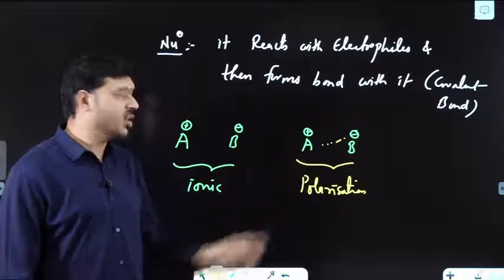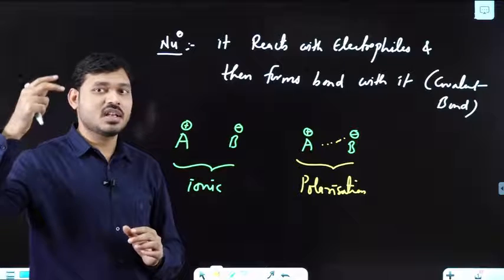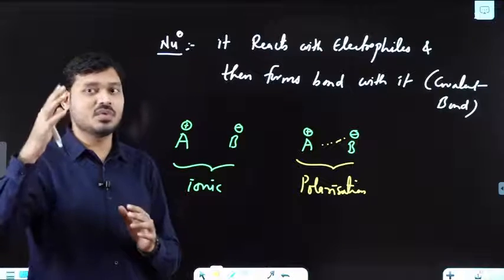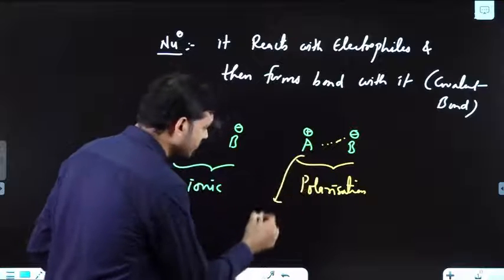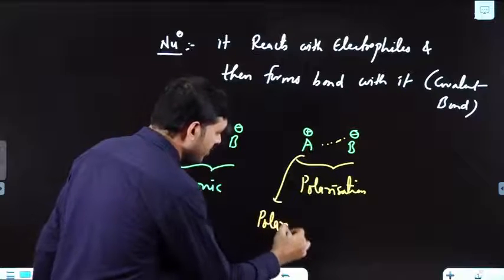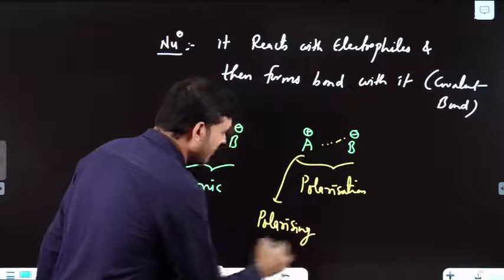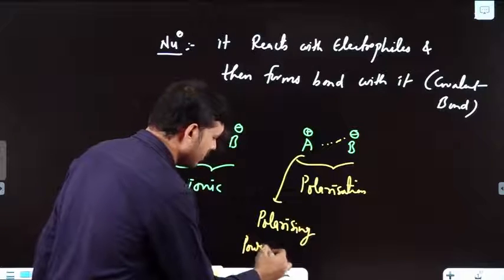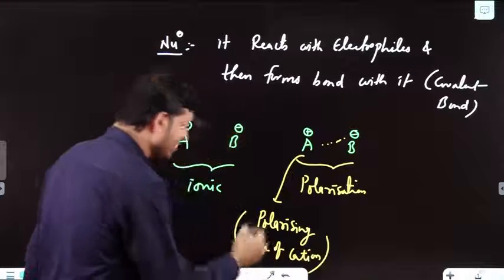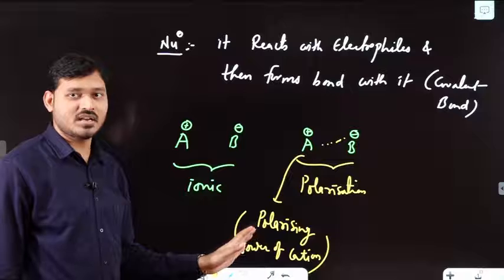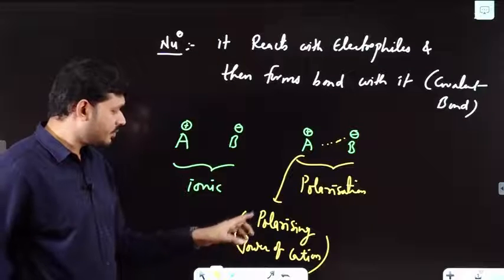Now when I say polarization, you can recall chemical bonding, Fajan's rule. So this polarization is all about the polarizing power of cation. Clear? How?